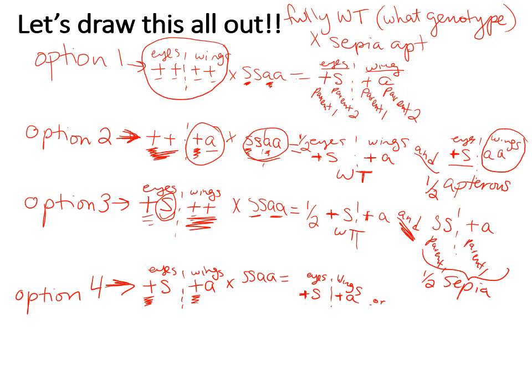Or what else can you get? For eyes, you can get the plus, but then parent 1 can give wings, being Apterus. Okay, so parent 1 can give a plus and an A gamete. And what will the second parent give? Always S and A. Okay?